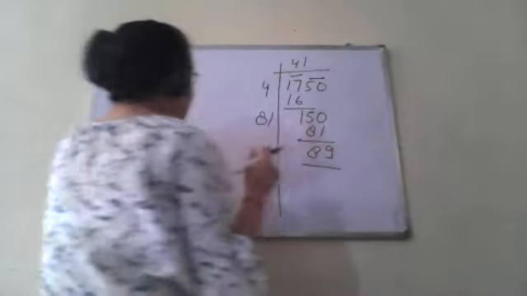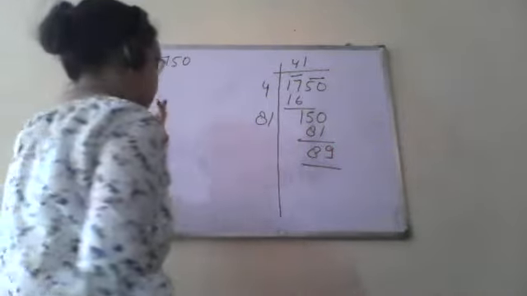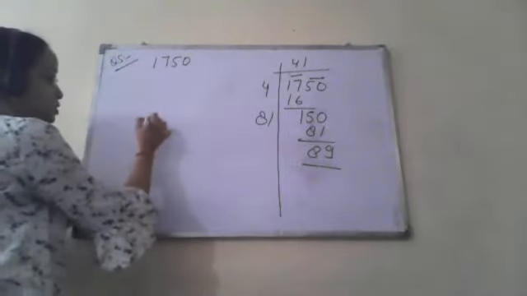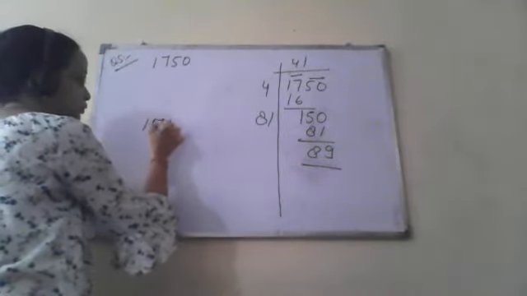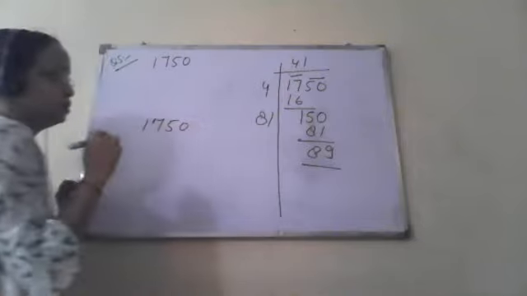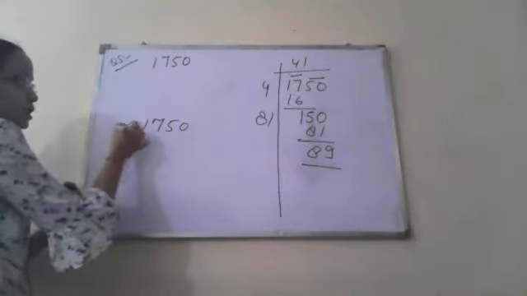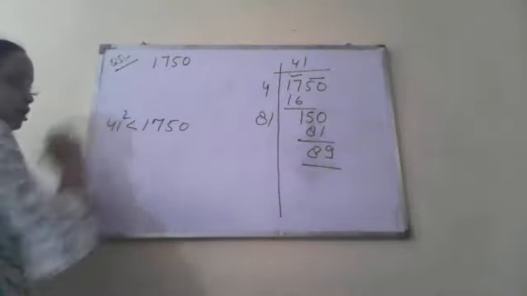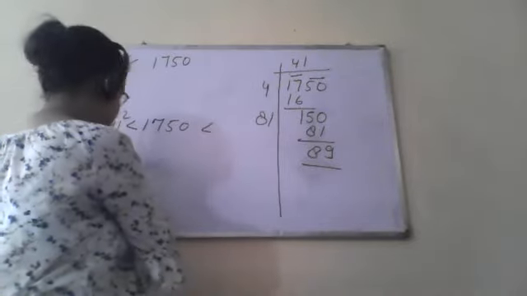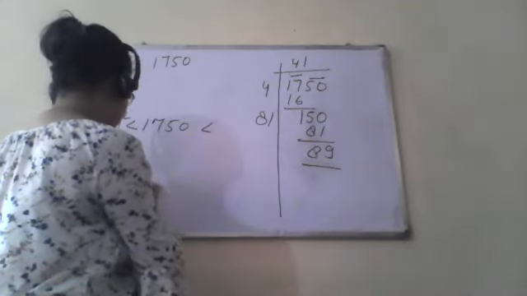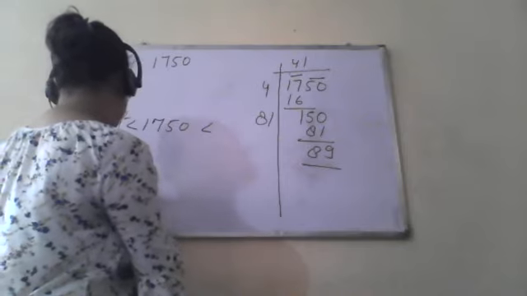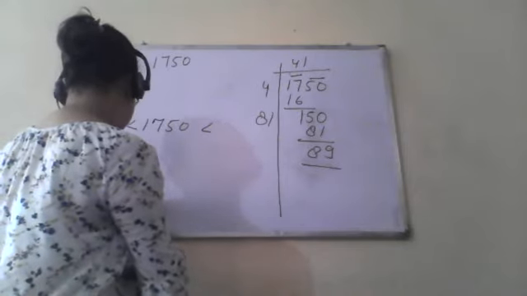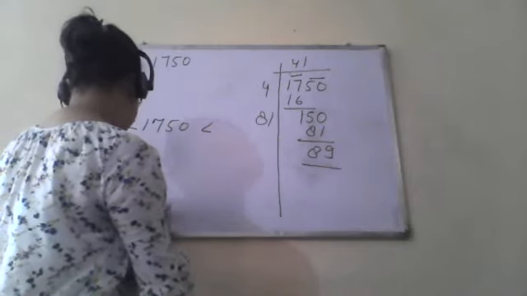So this 1750 is greater than the square of 41 and it is less than the square of 42. The square of 42, just calculate, is 1764.